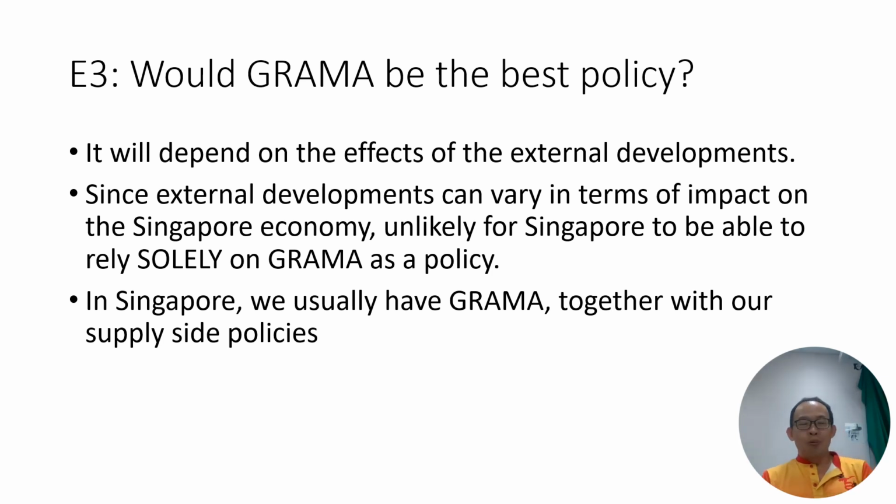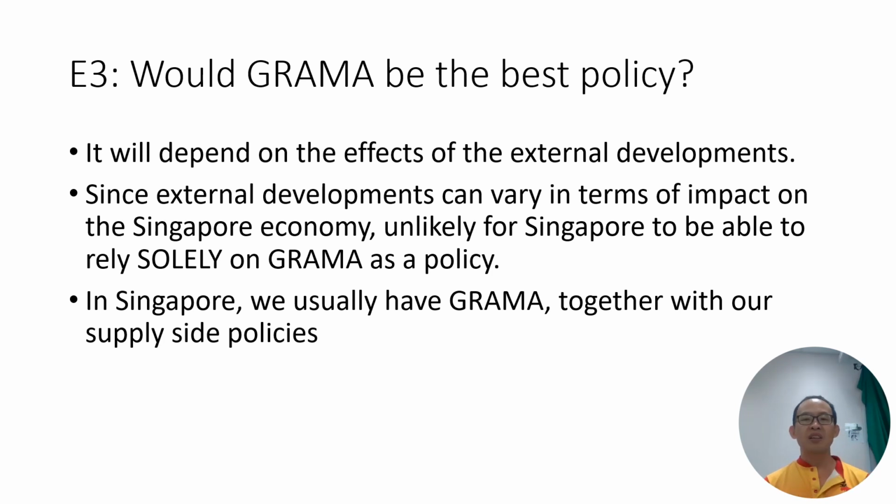So what would your E3 be? A good conclusion for this question is that whether GRAMA is the best policy or not will depend on the effects of external developments. In Singapore, since we are a small and open economy, we have all kinds of external developments, not just the three examples stated in the preamble.